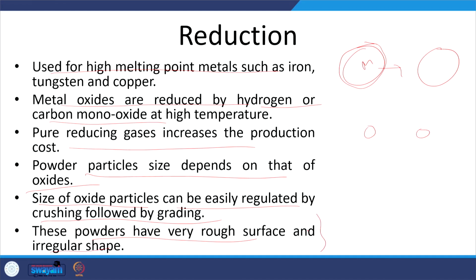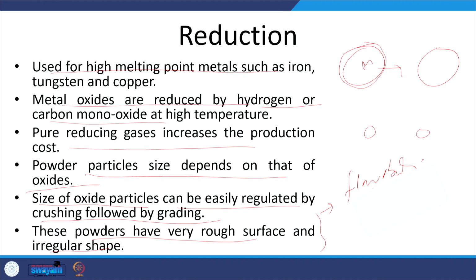So as far as powder metallurgy is concerned, a rough surface adversely affects the flowability and that leads to lower flowability. A rough surface decreases the flowability, which in turn adversely affects the compaction as well as the sintering, and the compacted part will have higher porosity, so sintered products will have higher porosity.